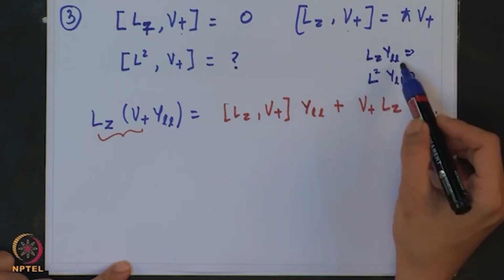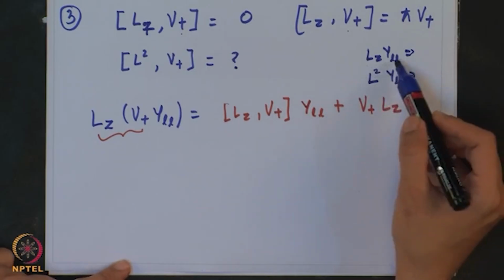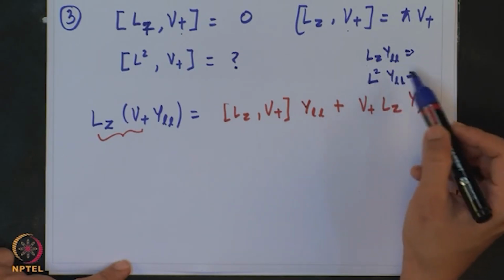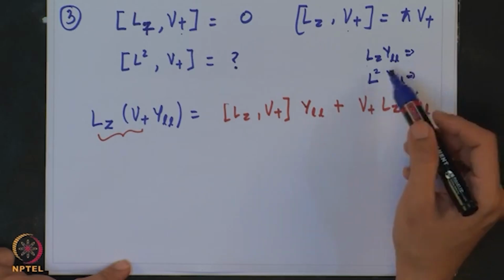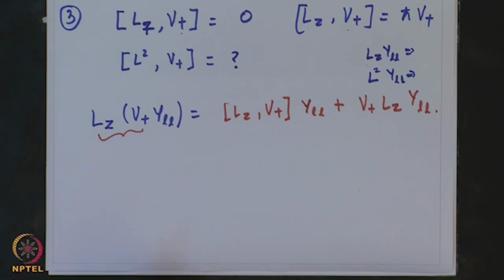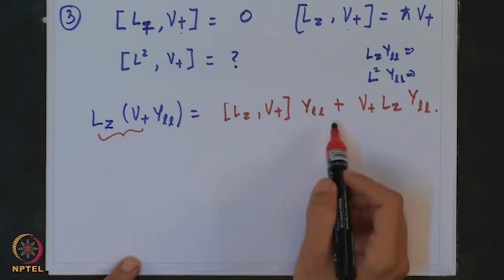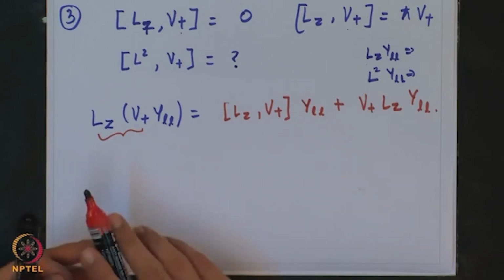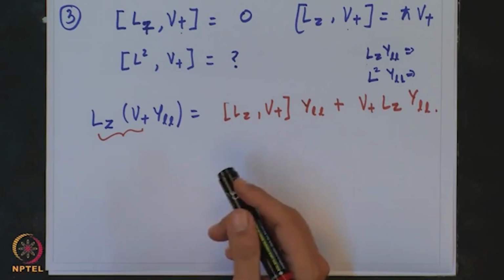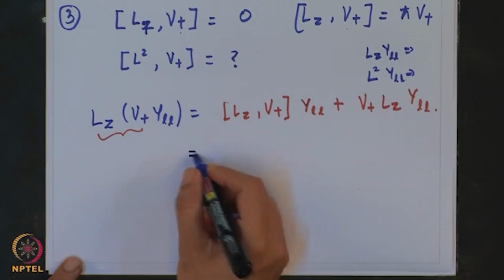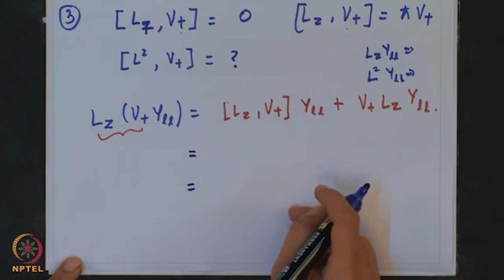When Lz is operated on |ψ_LL>, it will give me M_L H cross |ψ_LL>, and L square gives L into L plus 1 H cross square. So, these relations we know. Going ahead, you can evaluate from here, and after one or two steps, you will get to the result that you have to prove.